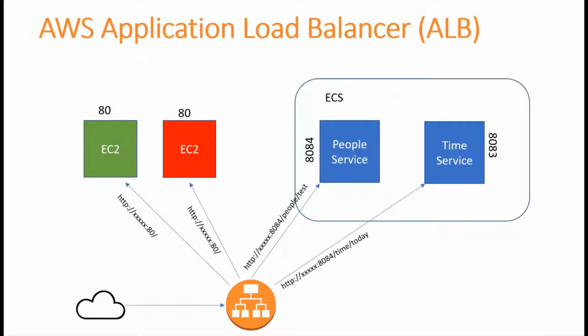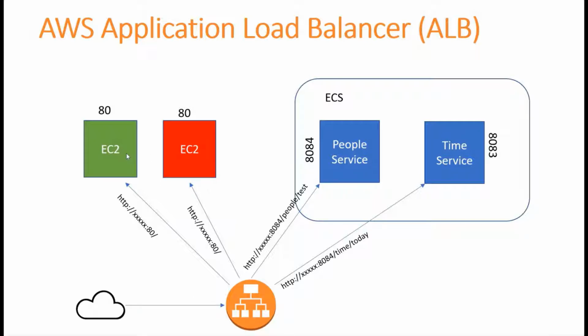So here in our application, this is a load balancer, and we have two EC2 instances and one ECS cluster. In this cluster, we have two services: people service and time service.